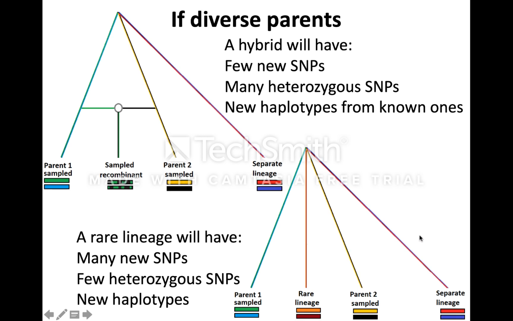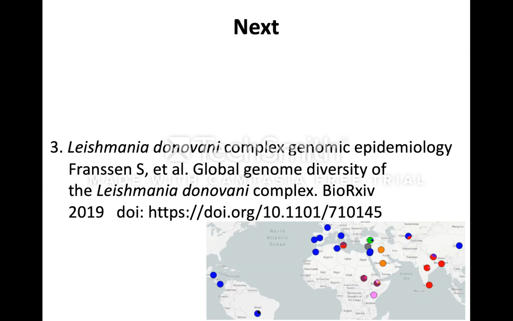So what we really require here for better inference is diverse parents and diverse Leishmania. And that's what we have inside the Leishmania donovani complex. So that's what we're going to talk about next, the Leishmania donovani complex.